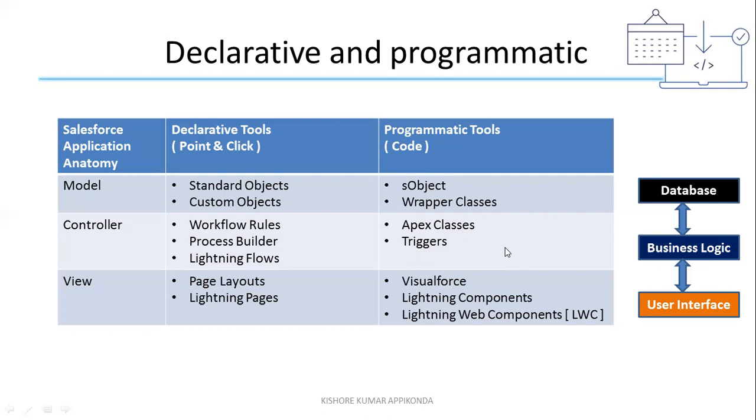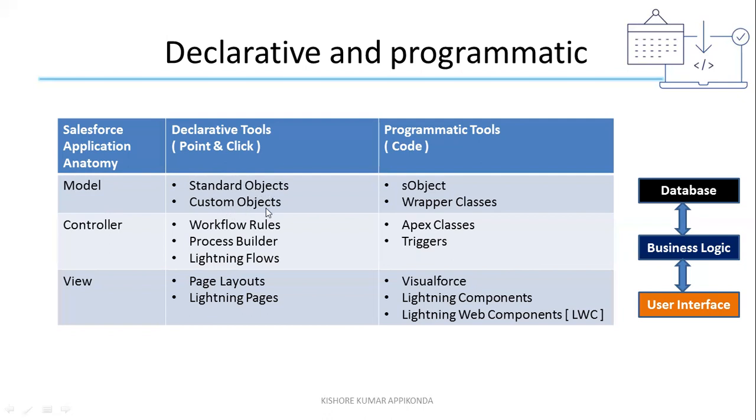In Salesforce, what are the standard features, and in what way do we have to do customization? We have seen this in this particular slide, the Salesforce application anatomy. First, we will talk about the model. By default, Salesforce provides standard objects and custom objects.